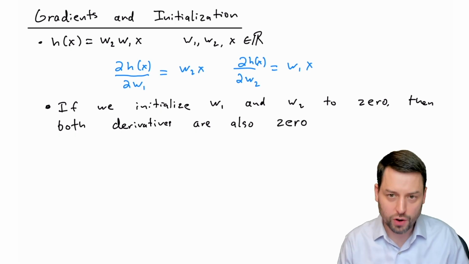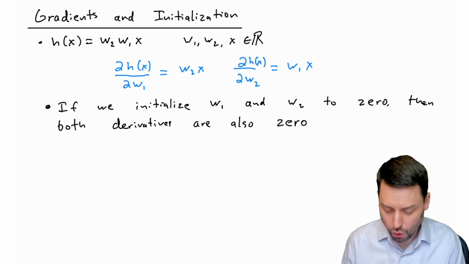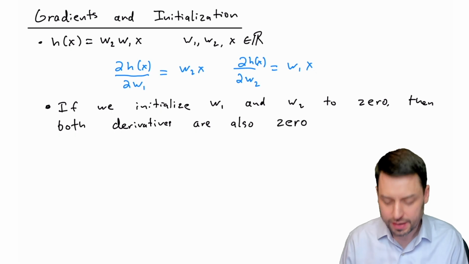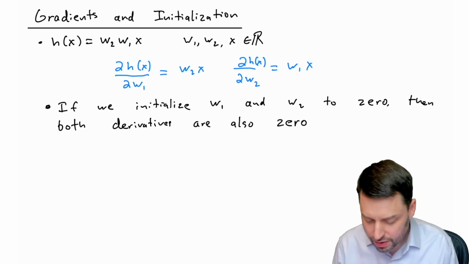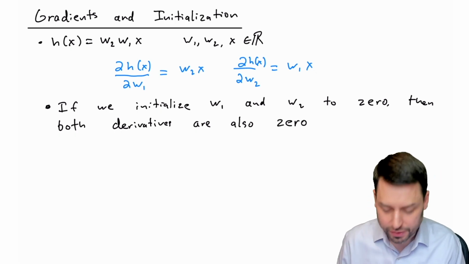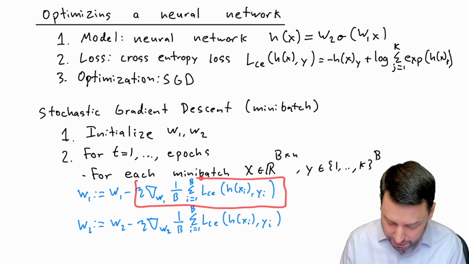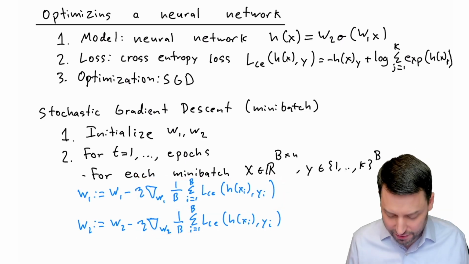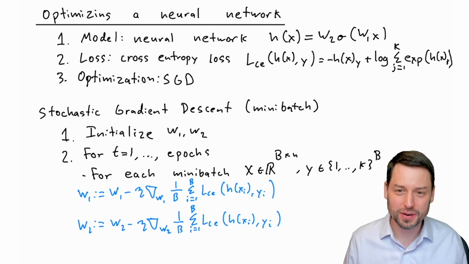You can try this out in PyTorch if you're curious. If you initialize your weights to be equal to 0 with a neural network model, and there are a few other conditions, but say you use the ReLU activation as a nonlinearity, then what you will find is your gradients are also 0. So that means these two terms here, if you initialize W1, W2 to 0, will also be 0. And that's not very good, because obviously, if they're both 0, you will not actually perform any update on your parameters, right? You'll just be stuck at 0 forever.